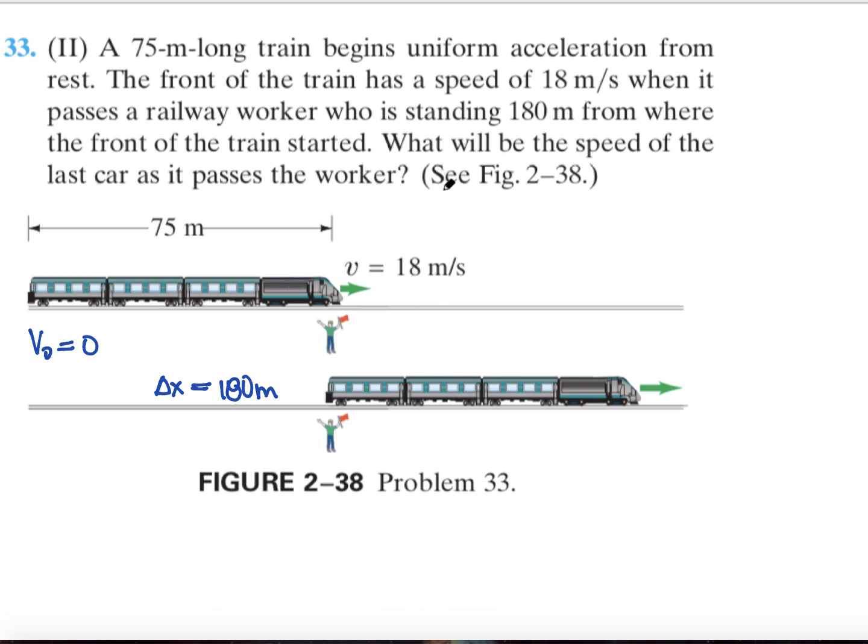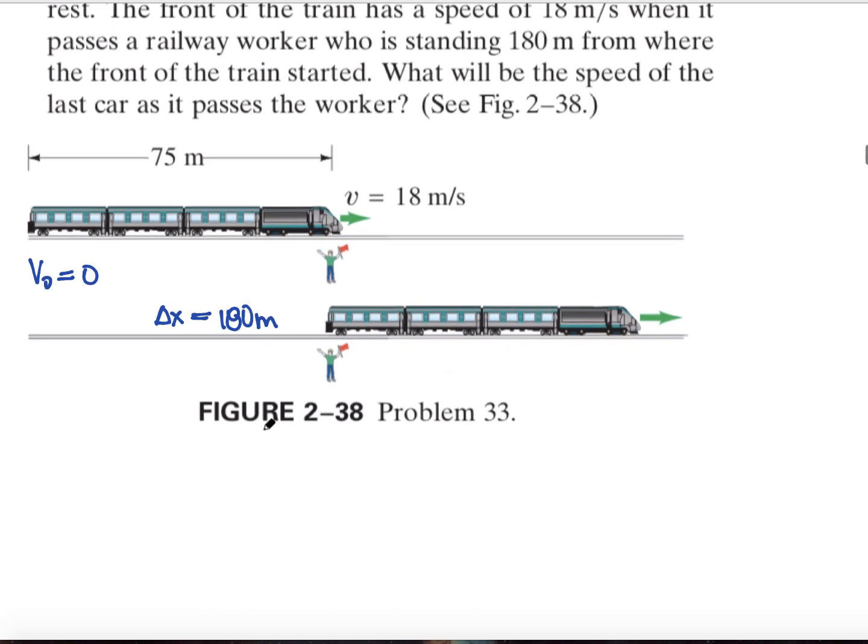I want to first start by figuring out what this acceleration is. So I have v naught, I have v final, I have delta x. That tells me I can use my third kinematic equation to figure out acceleration. The third is v squared equals v naught squared plus 2a delta x. And again, I'm solving for acceleration. If you want to see that solved, go back to the earlier problem we did that in.